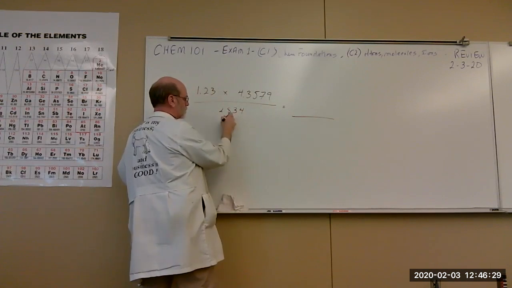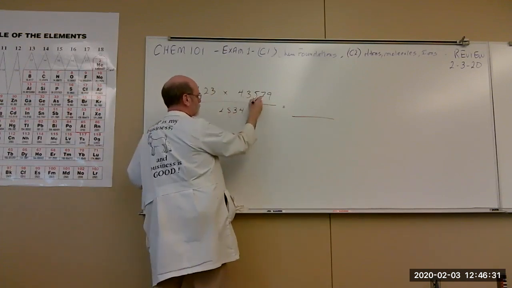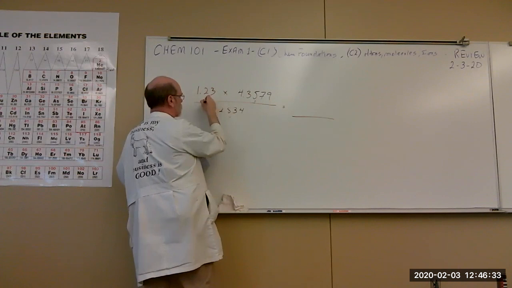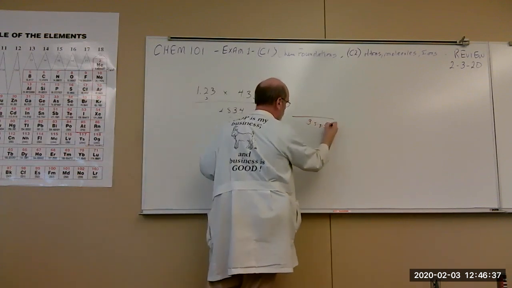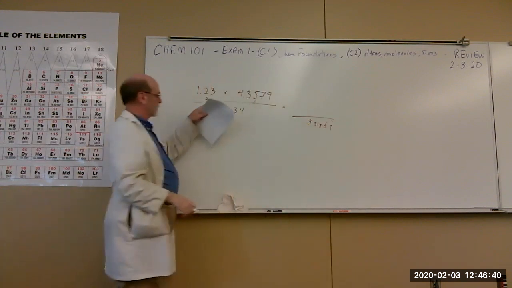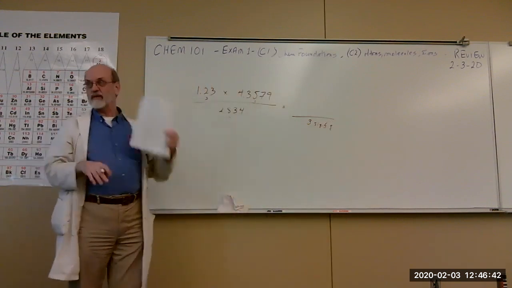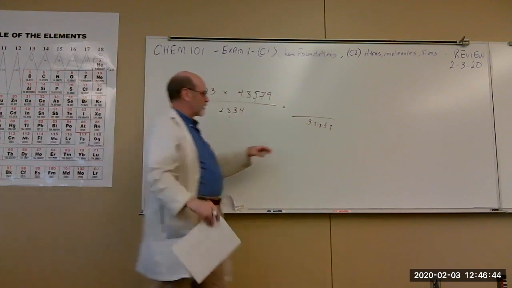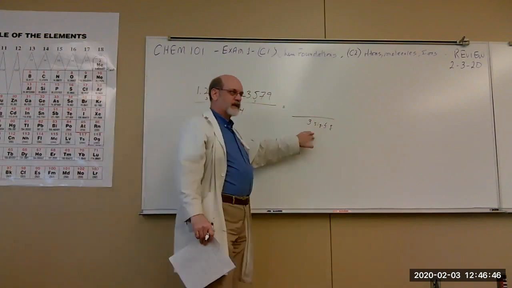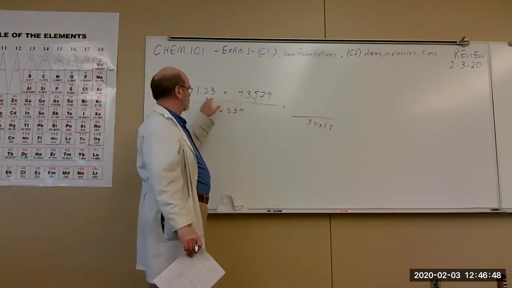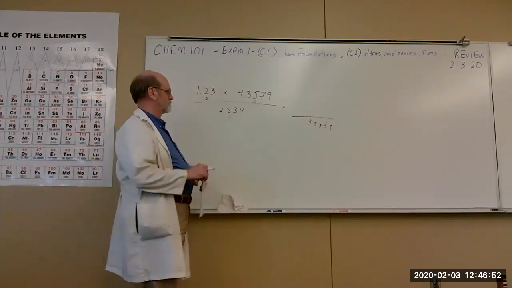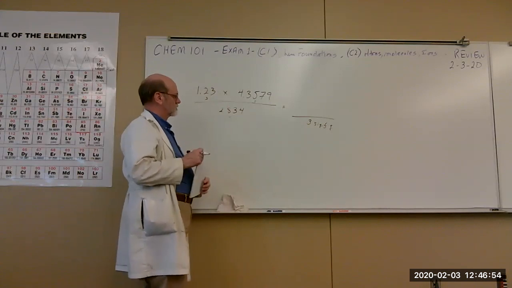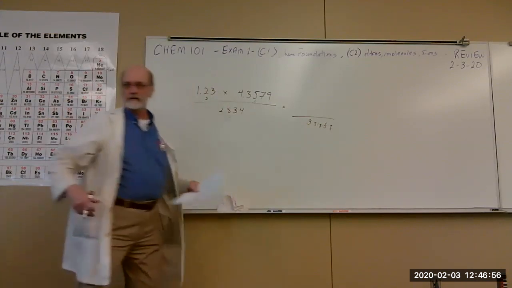There's 4 here, there's 5 here, there's 3 here. So this one can only have 3 significant figures. Right? If it's only multiplication and division, then your answer can only have the number of significant figures in your least precise number here. Okay. Now we can do it.